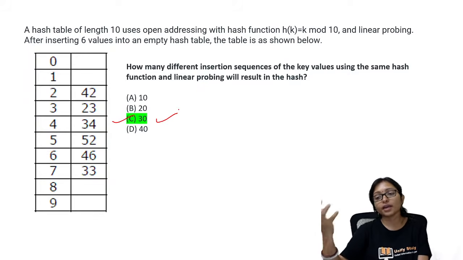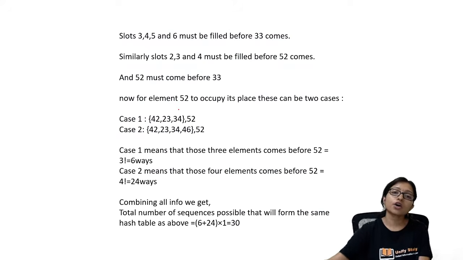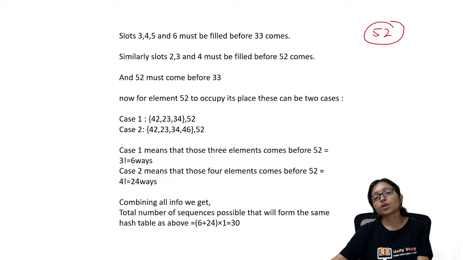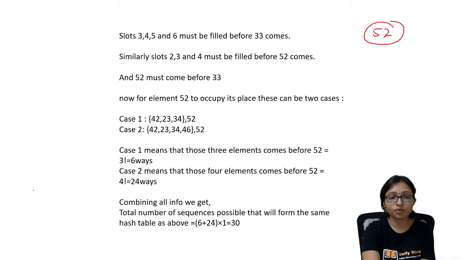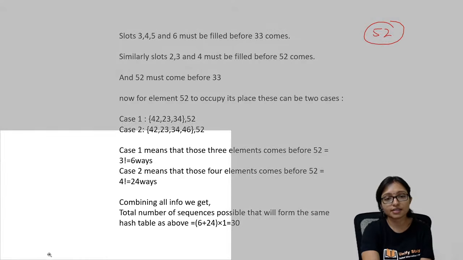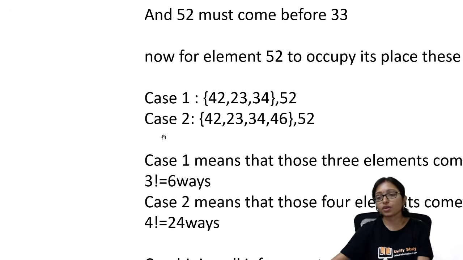Here we need to use the permutation combination concept. Here what is the concept? Just now we saw that before 52 there are some cases. These are the cases. You can see when 52 came, these are the cases. No formula, you need to understand it. Before 52, 42, 23 and 34 can come.